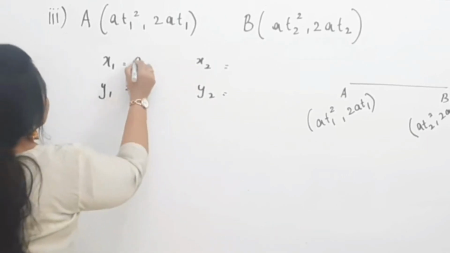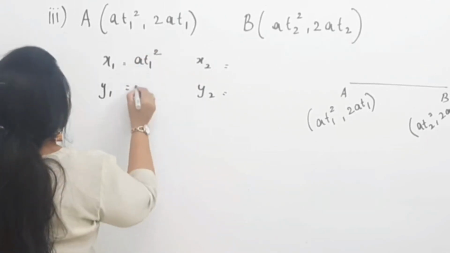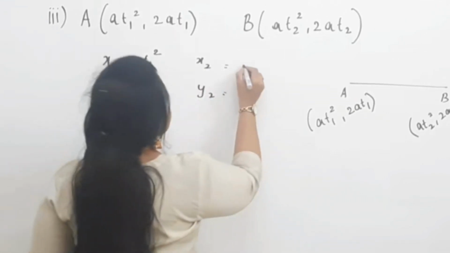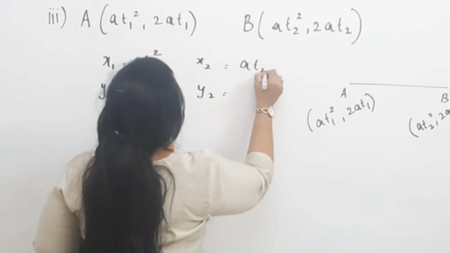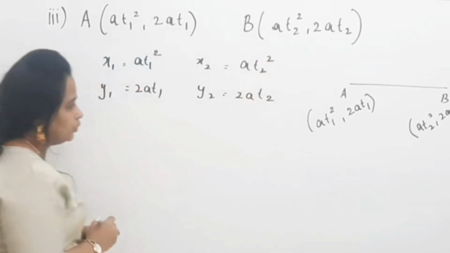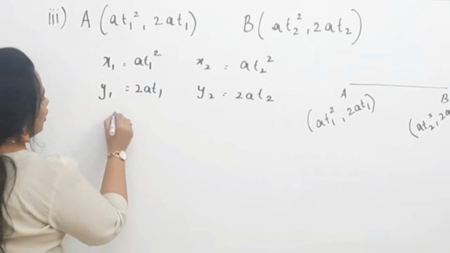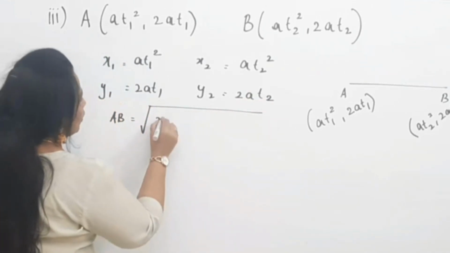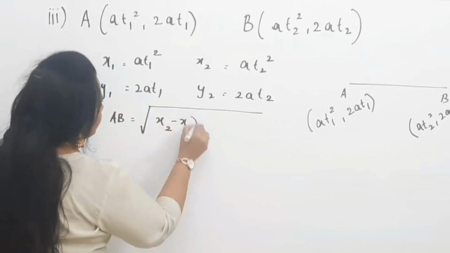So x1 is equal to a1 square, y1 is 2a1, and then x2 is equal to a2 square, y2 is equal to 2a2.